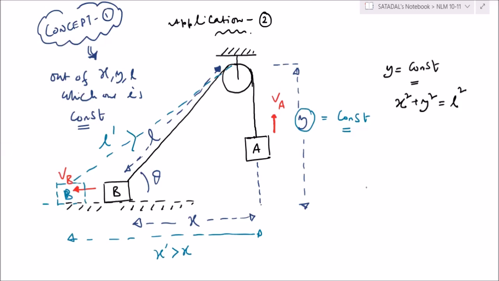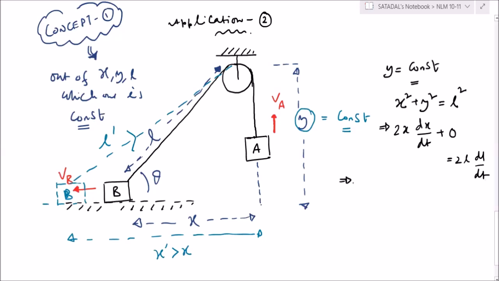Is that okay? X square plus Y square equal to L square from Pythagorean triplet, same thing only. So now if I differentiate, I will get 2x dx dt. Y is constant, means 0, is 2L dl dt. Fine, no? Is that clear?